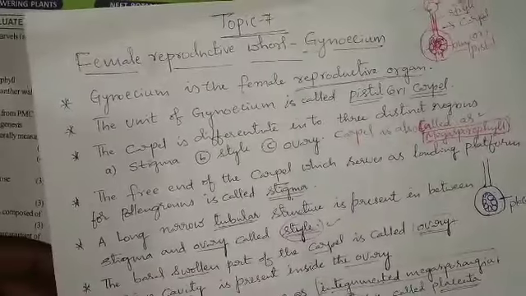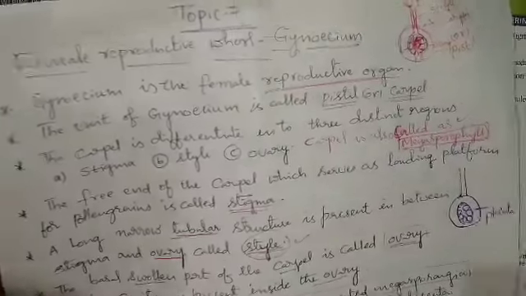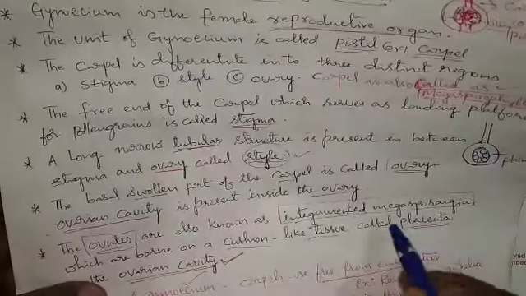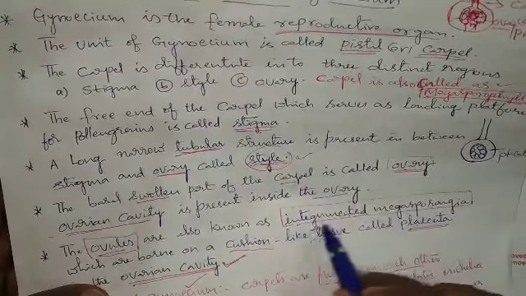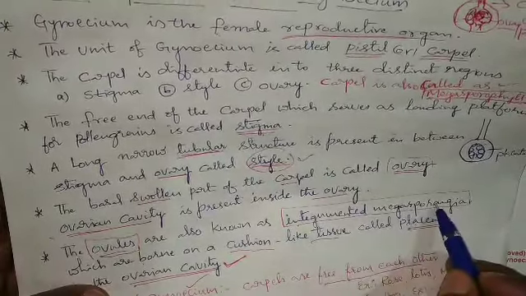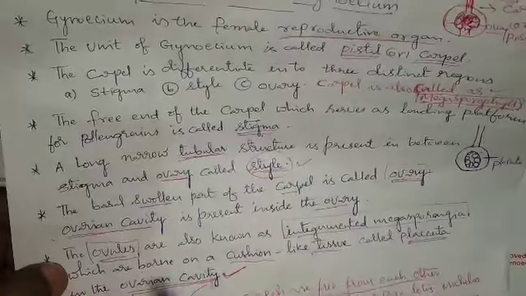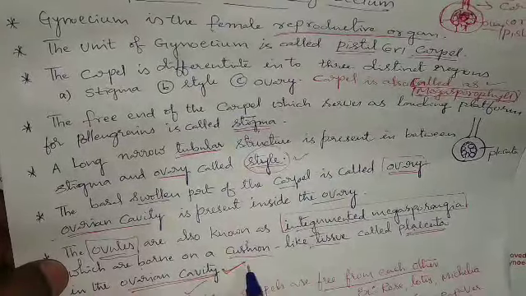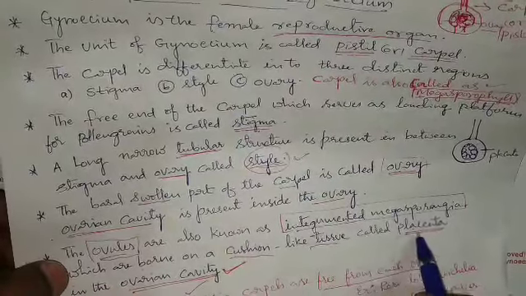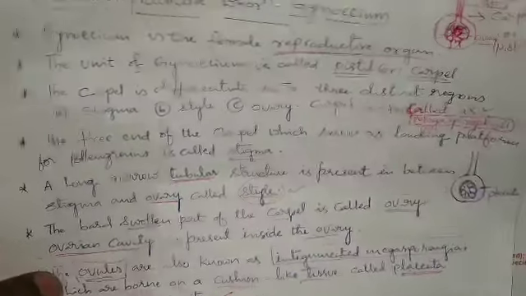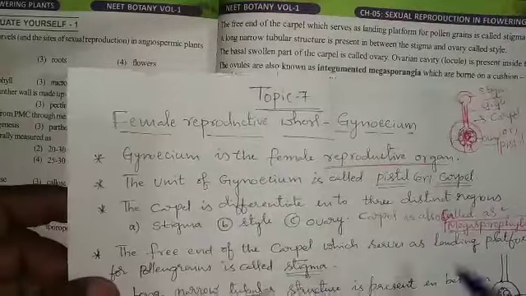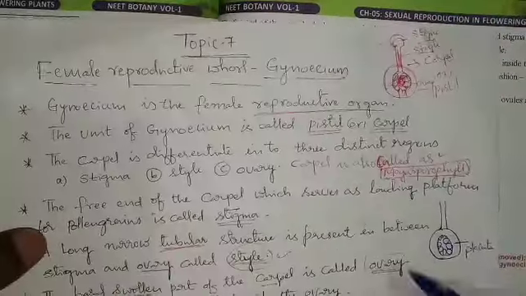These ovules are also called integumented megasporangia, which are borne on a cushion-like tissue called the placenta in the ovarian cavity. So this is the general structure of the gynoecium.